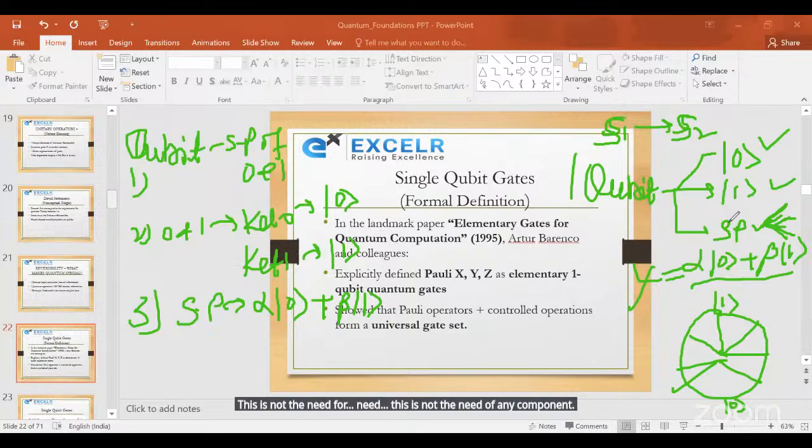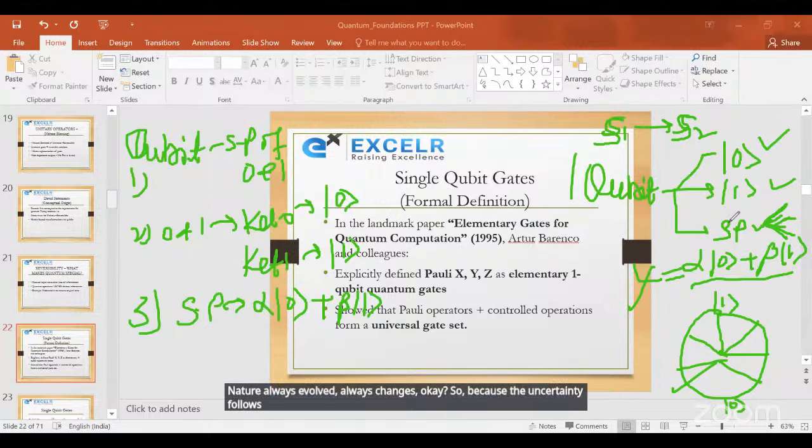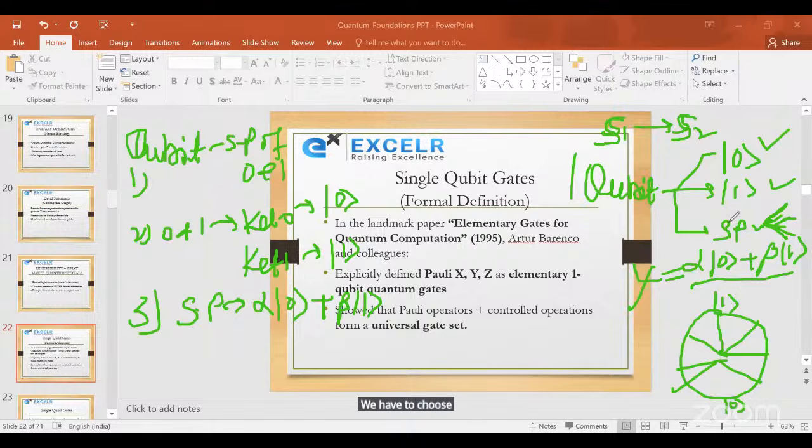This is the nature. Nature always evolves, always changes. Because the uncertainty follows from the nature, the system always changes from 1 to 2 to 3 to 4 like that. We have to choose such rules now in the quantum computation because we want knowingly.